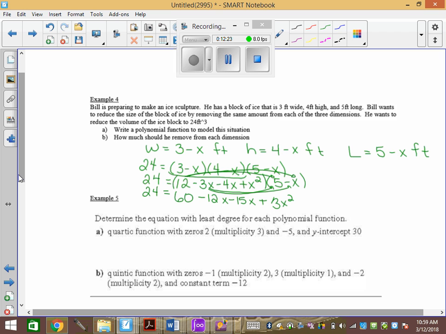Negative 4x times 5. Negative 4x times x. And then x squared times 5, positive 5x squared. X squared times negative x, negative x cubed. So I'm going to bring this up here.